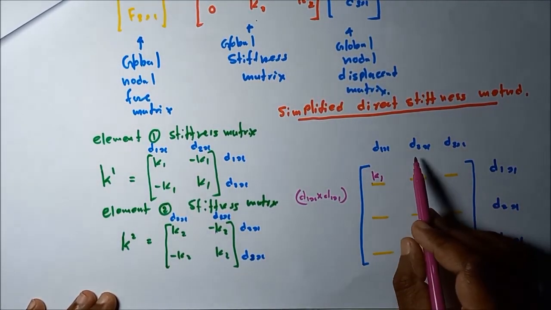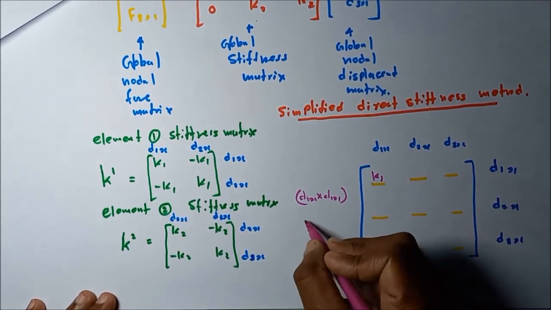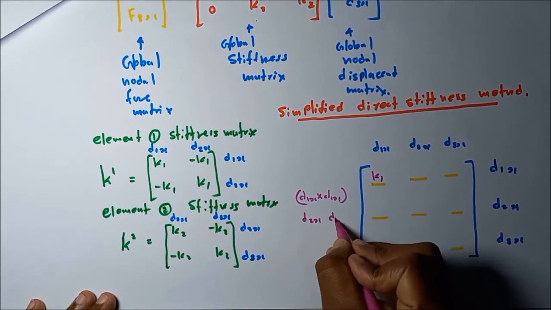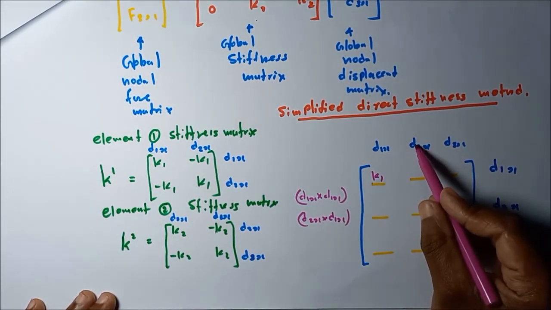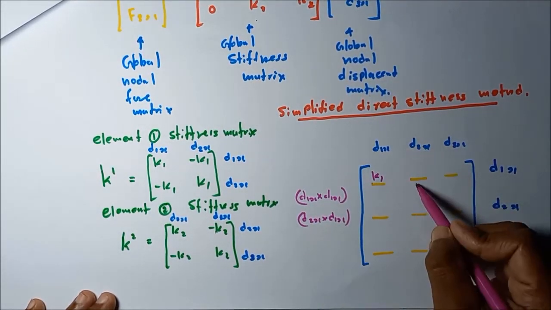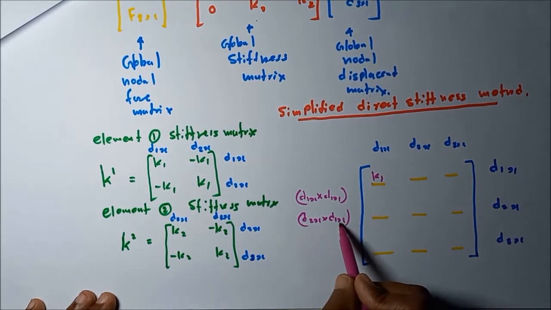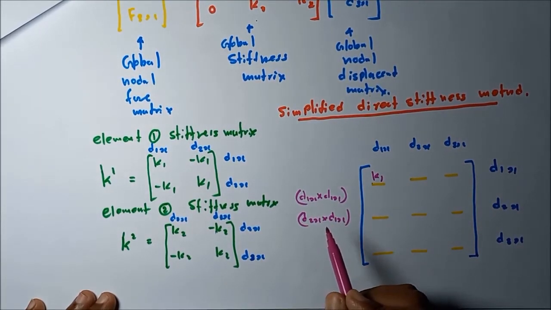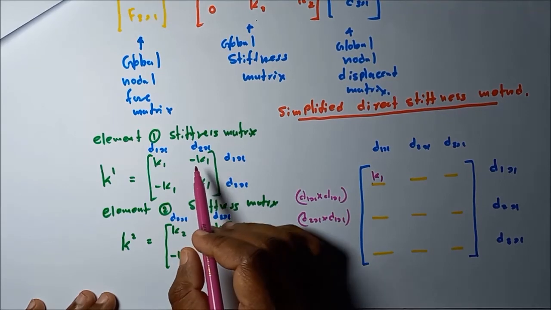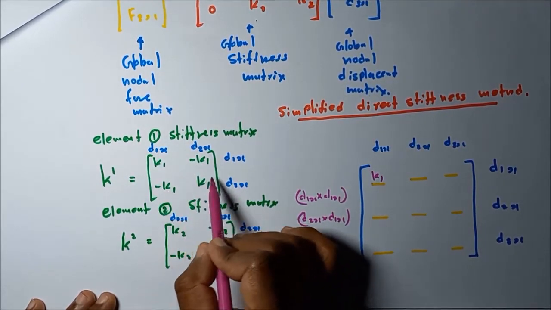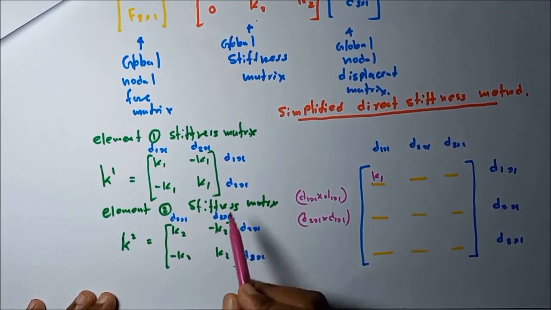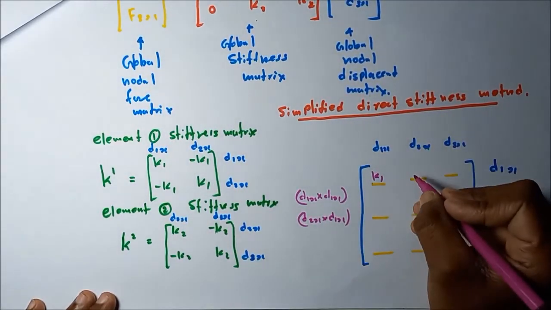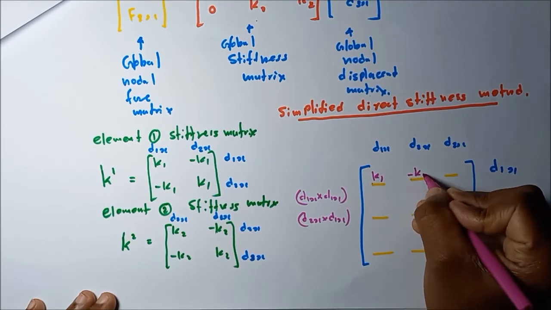Then d2x d1x terms. We are studying from the column number and the row number. What are the d2x d1x terms in this matrix? There is no other d2x d1x term, so that is equal to minus k1.